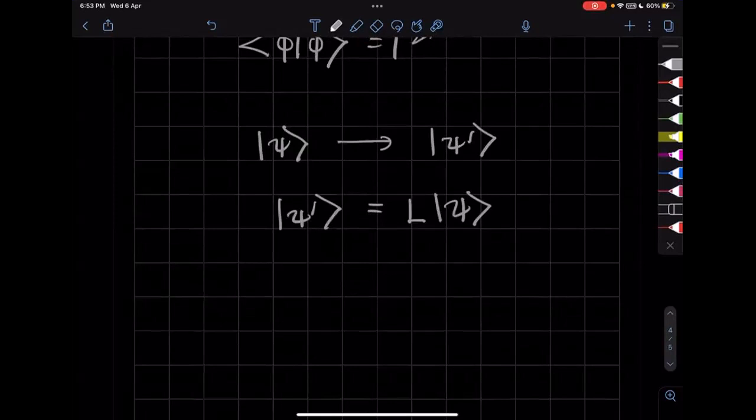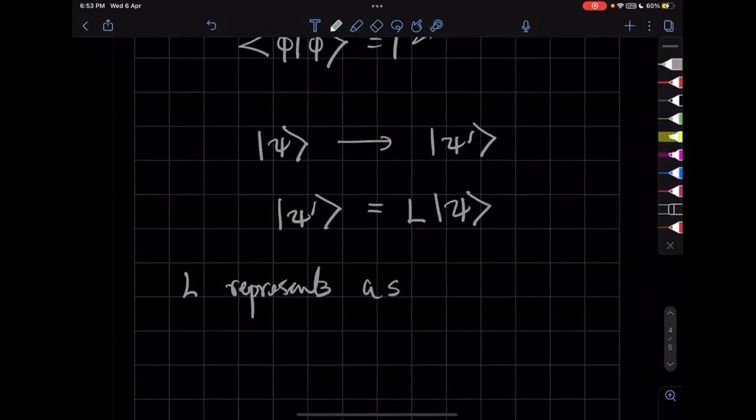But suppose that this operation that we did is a symmetry, that L represents a symmetry of the system. Okay, it could be a time symmetry, that the system does not depend on time, or it could be that the system does not depend whether you translate the system in space. It could be many other things. We don't care exactly what it is.